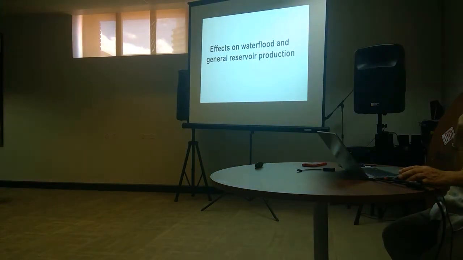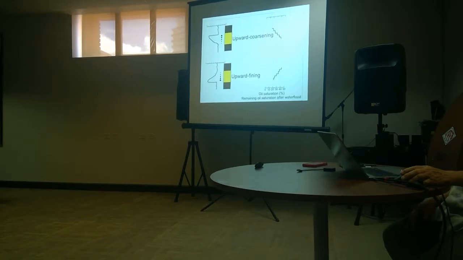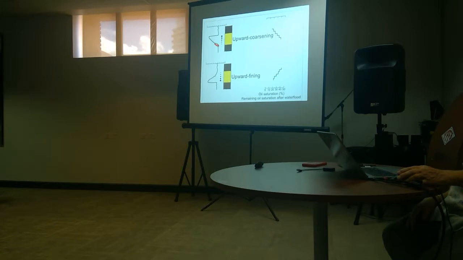So I go back to this picture that I showed before, the effects on water flood and reservoir production as a function of grain size here. We have a sequence of rock that's this thick, and it's getting cleaner upward. In other words, the grain size is increasing upward.